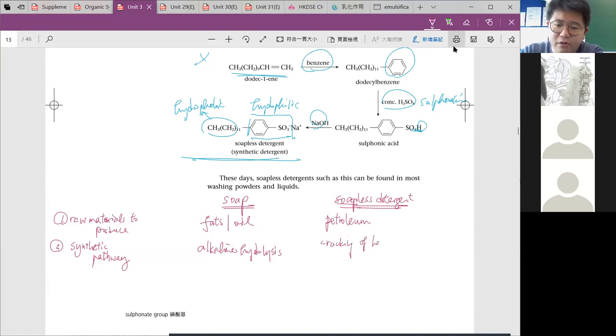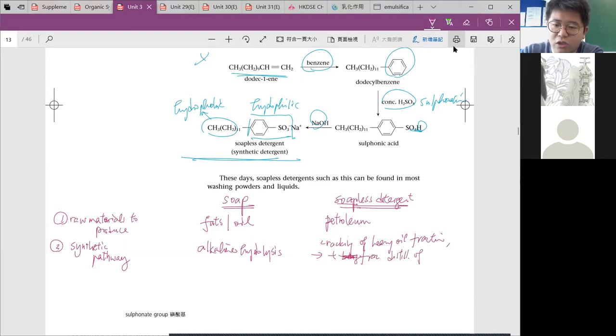Okay, cracking of heavy oil fraction. Later on, you need to do what? You need to add benzene, right? Sorry, fractional distillation first, to obtain long chains with a double bond.